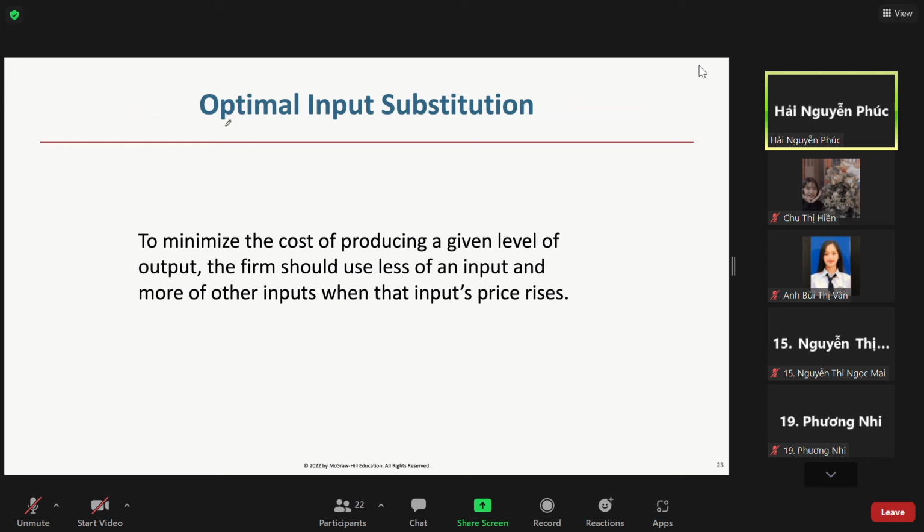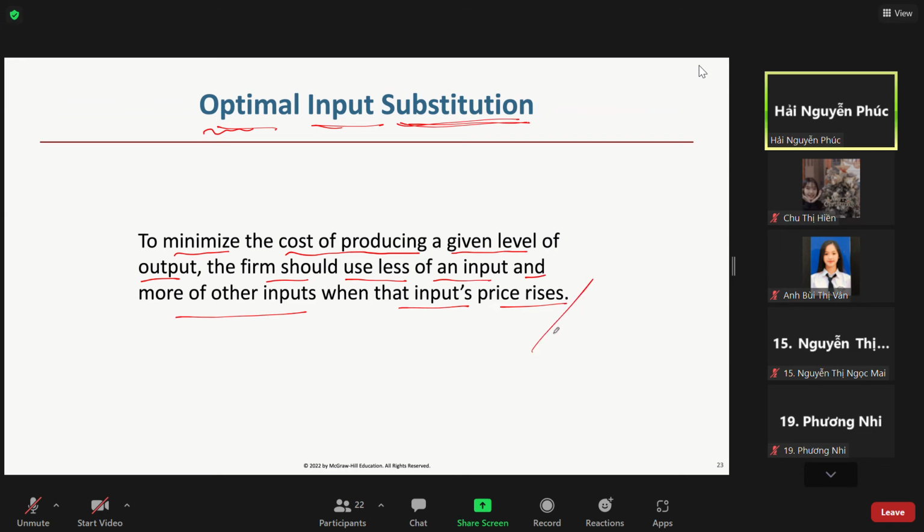Now to summarize, let's discuss the optimal input substitution. The rule is pretty simple and very intuitive. It says that to minimize the cost of producing a given level of output, the firm should use less of an input and more of the other input when that input's price rises.